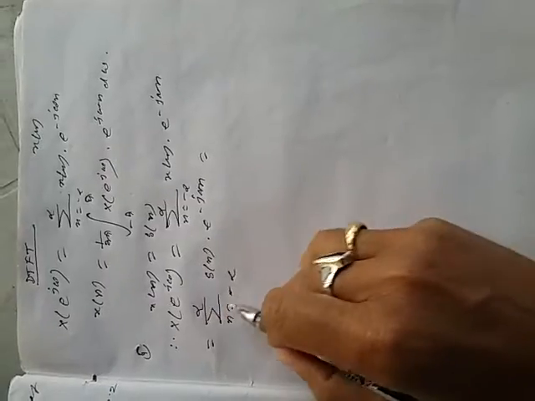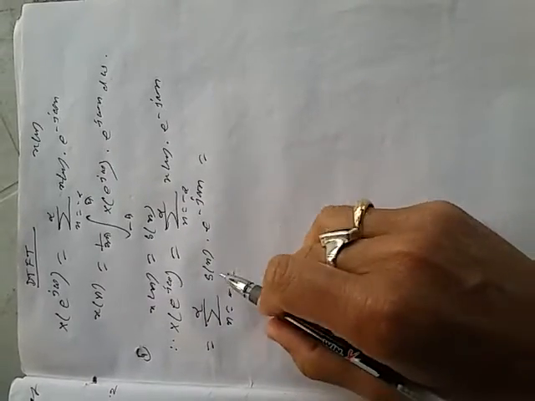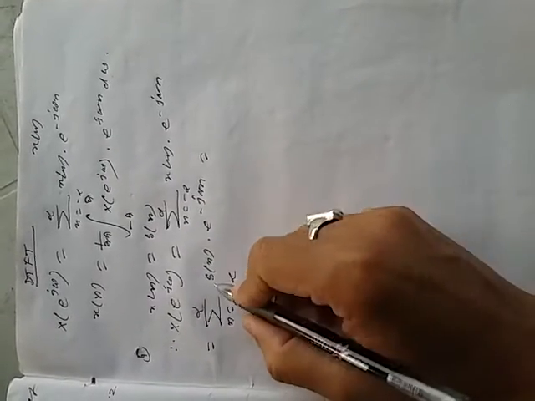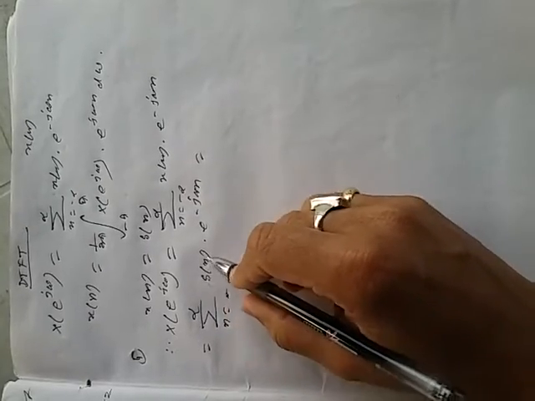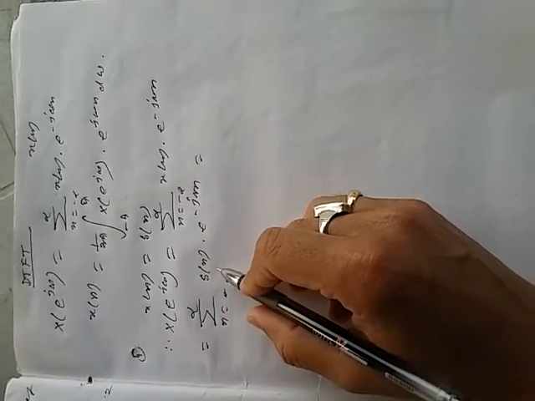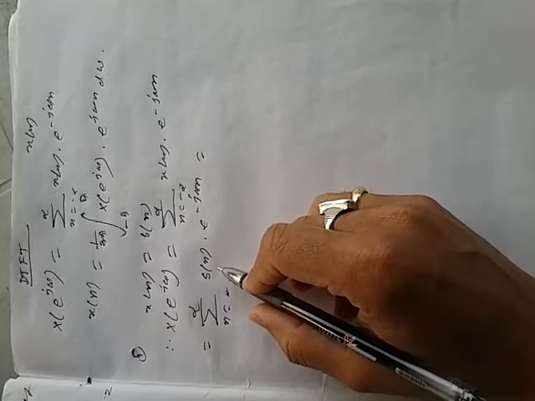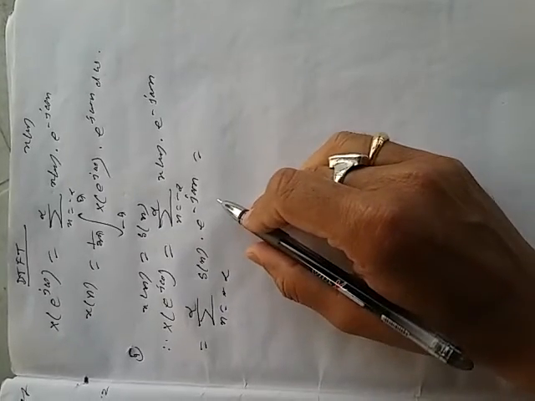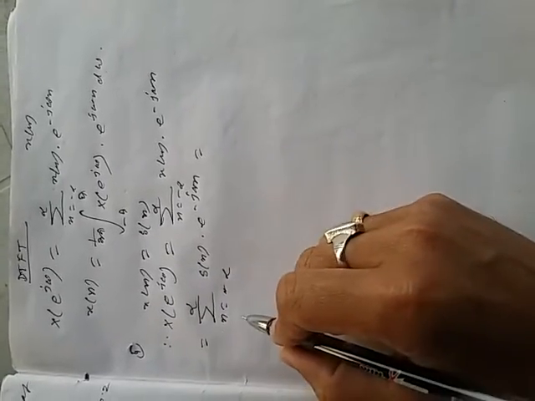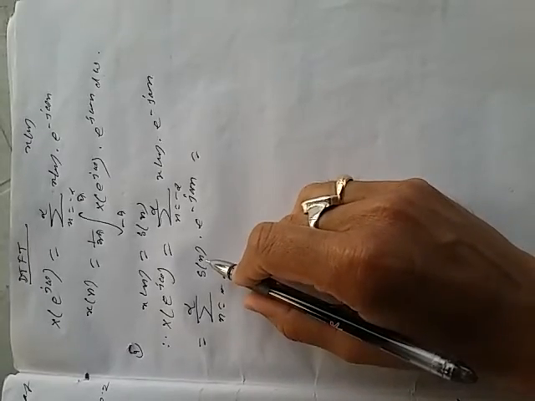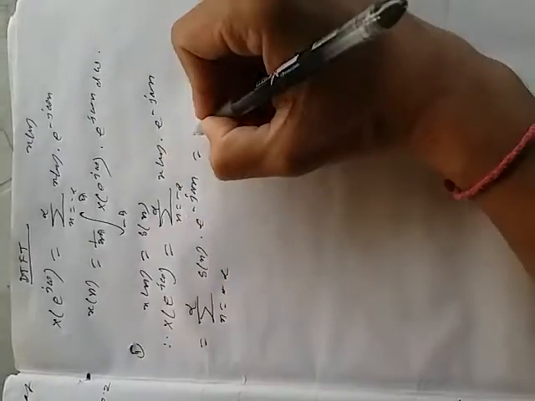Now for this entire range from minus infinity to infinity, only when n equal to 0, the value of this function delta n is equal to 1, otherwise it is 0. So 0 into something means 0. So for this entire summation, only when n equal to 0 is the term non-zero.